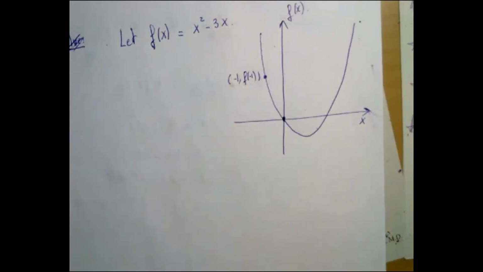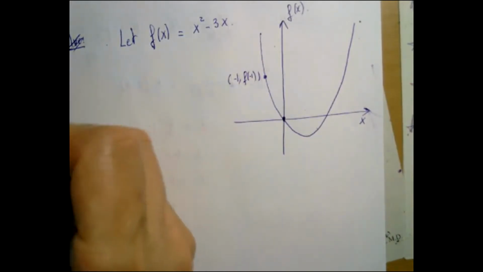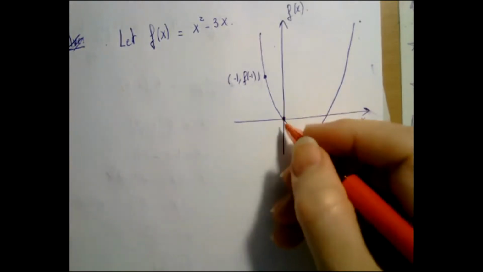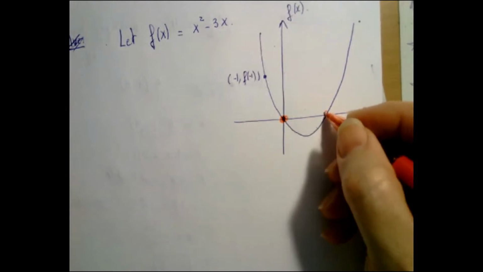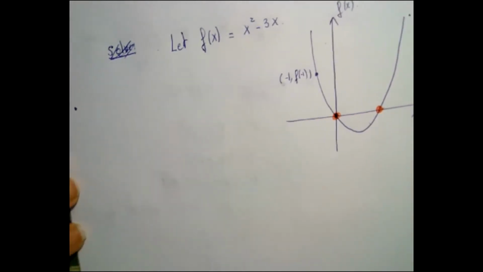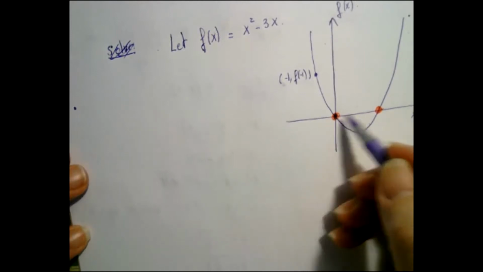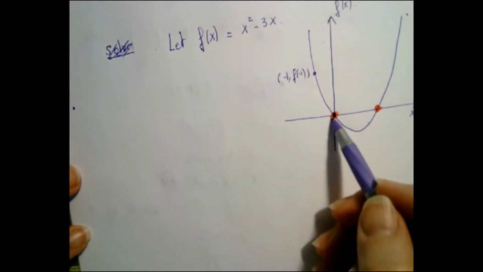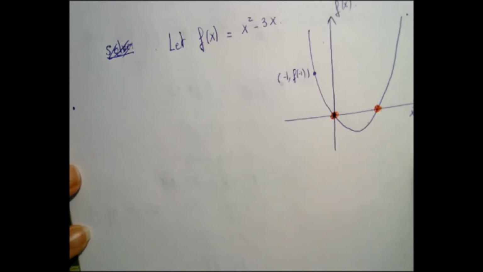All right, now I'm going to ask a question. Question number 1 is, suppose I have this function and I want to find those 2 points. How can I find those? What do you think should be my question to find those 2 points?